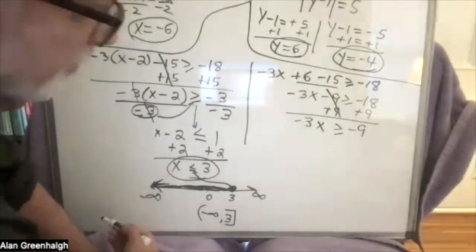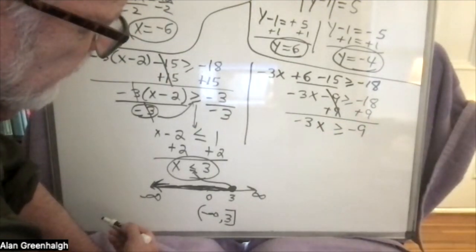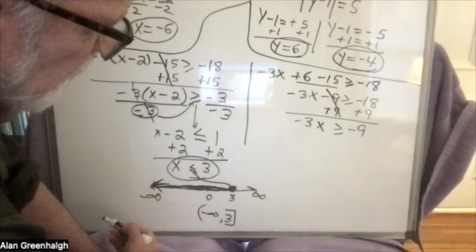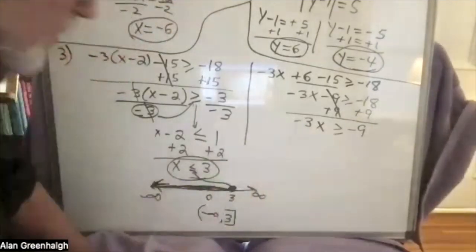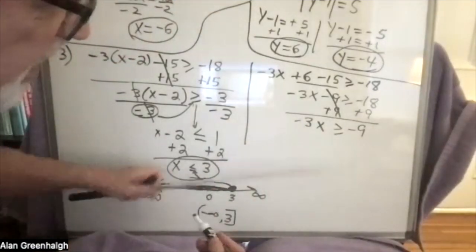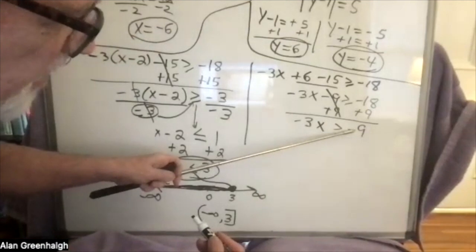And then what? Oh yeah, I forgot to add the sign. Okay. You mean this sign? Yeah, the -9. You didn't have -9, you had +9.